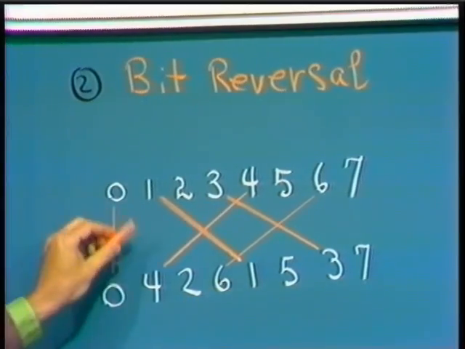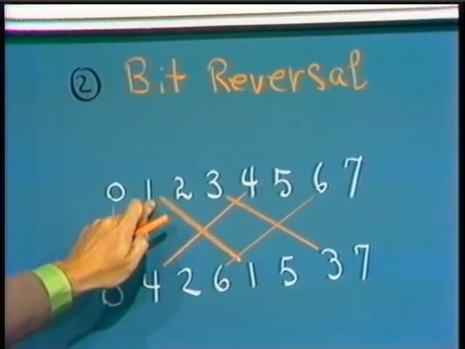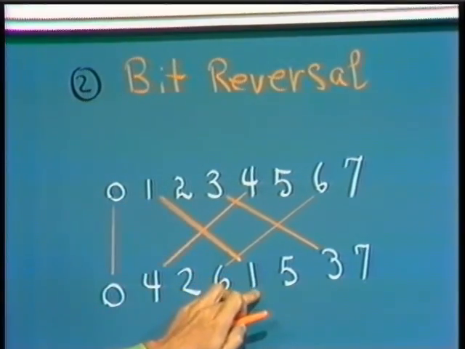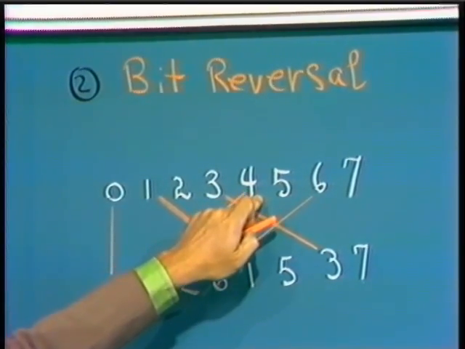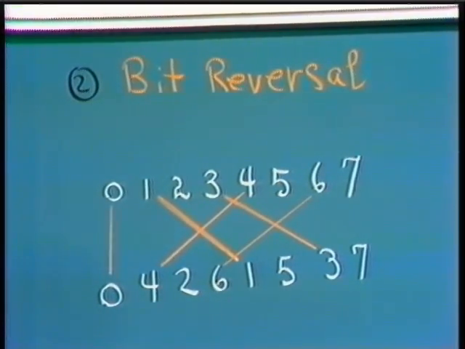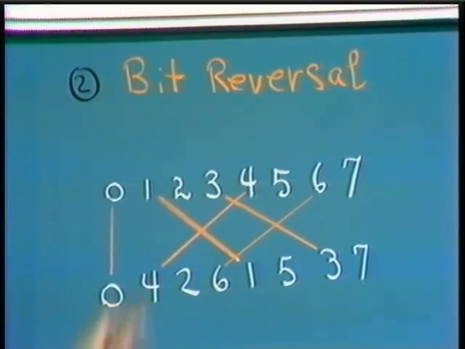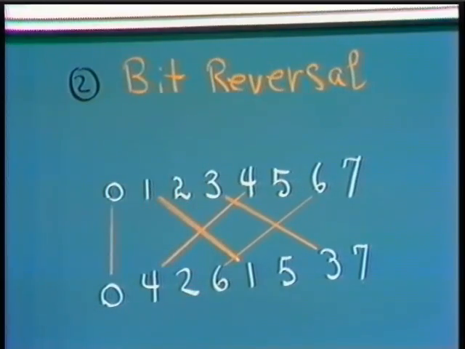So in fact, we would want to store data whose index is 1 in storage location 4, but we will also want to store data whose index is 4 in storage location 1. So implementing the bit reversal can be accomplished in place by essentially swapping these two pieces of data.